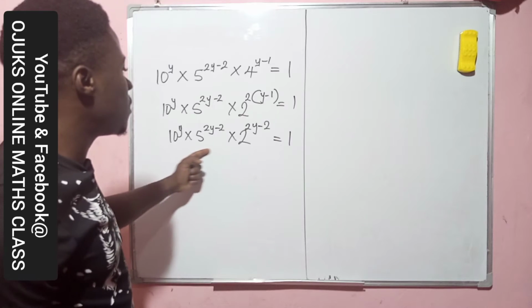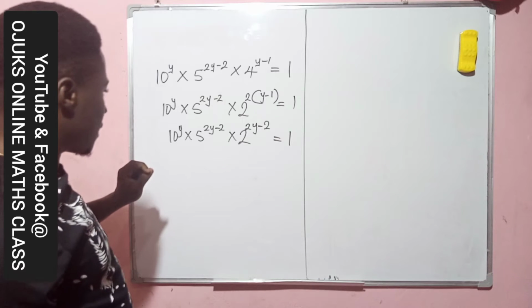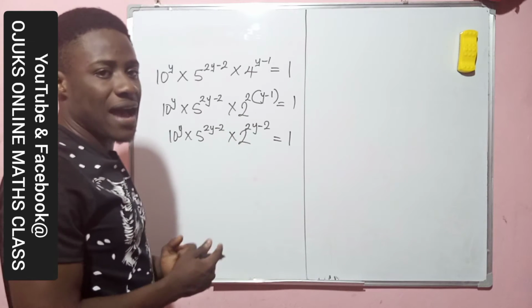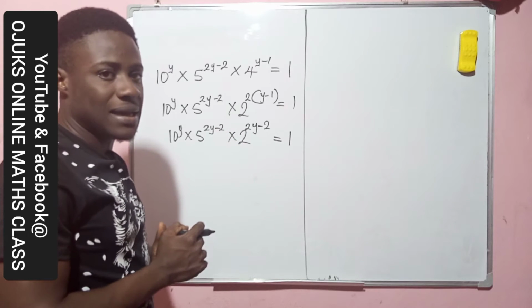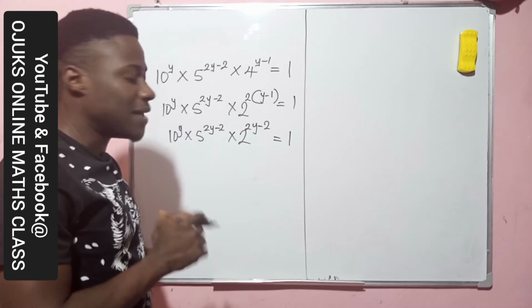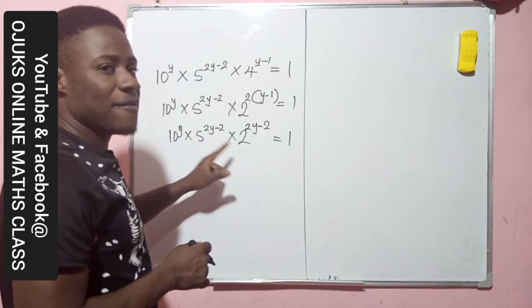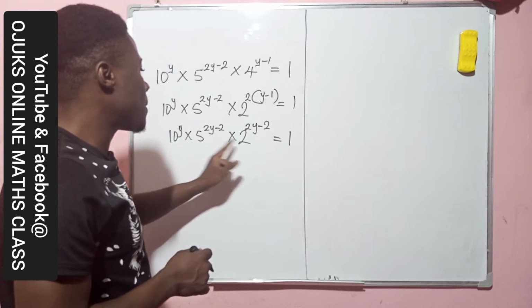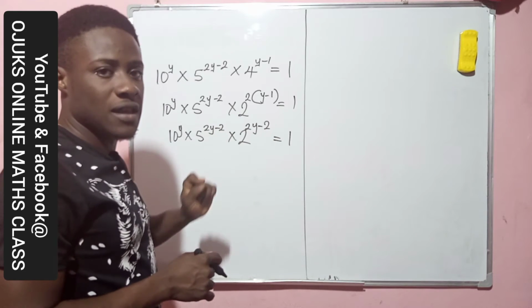If you observe this equation now, you can see that 5 and 2 have the same index. In indices, if numbers have the same index, what we just do is multiply the numbers and pick one of the index.